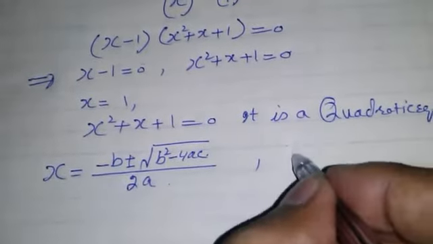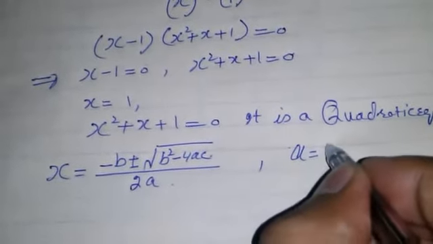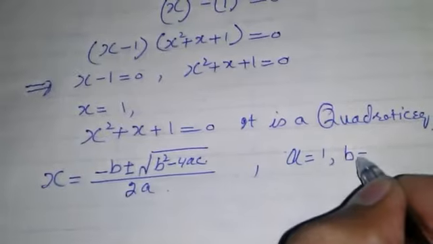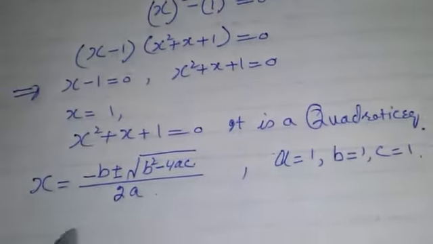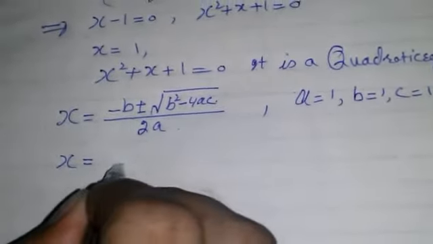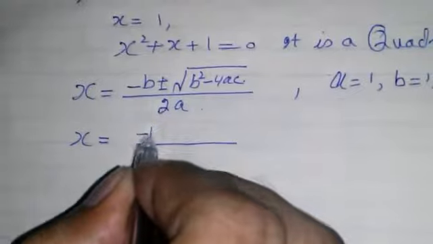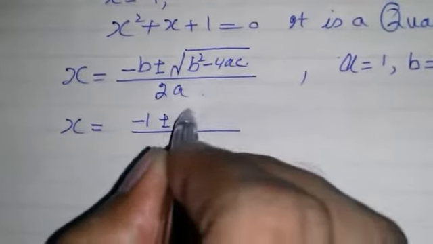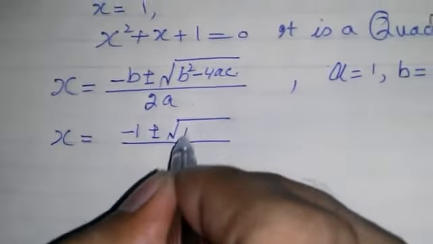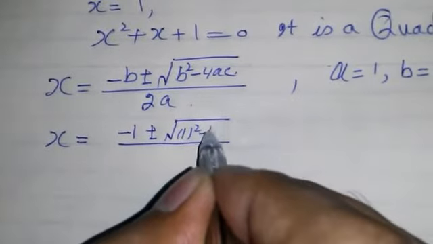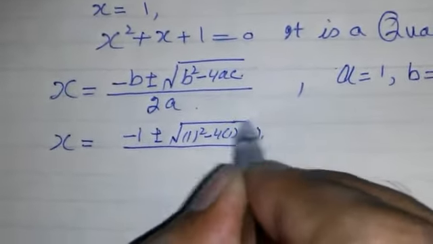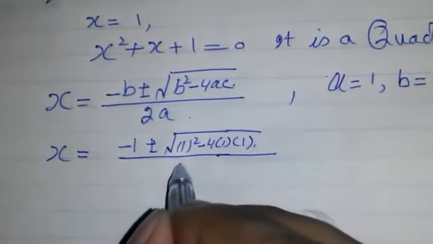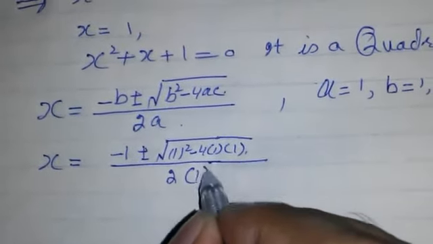In the equation, a is equal to 1, b is equal to 1, c is equal to 1. x is equal to minus 1 plus minus square root of 1 square minus 4 into 1 over 2 into 1.